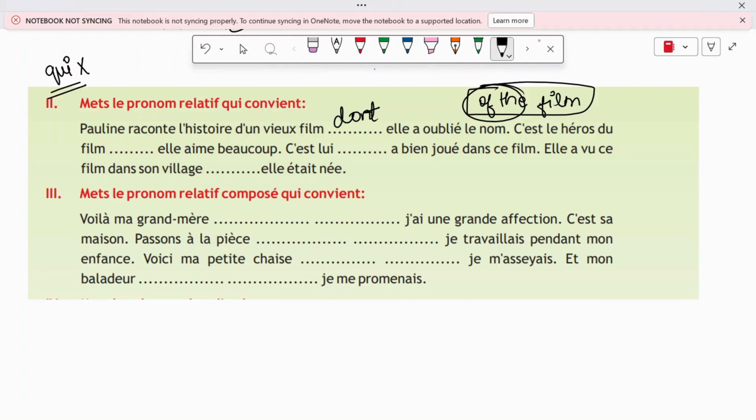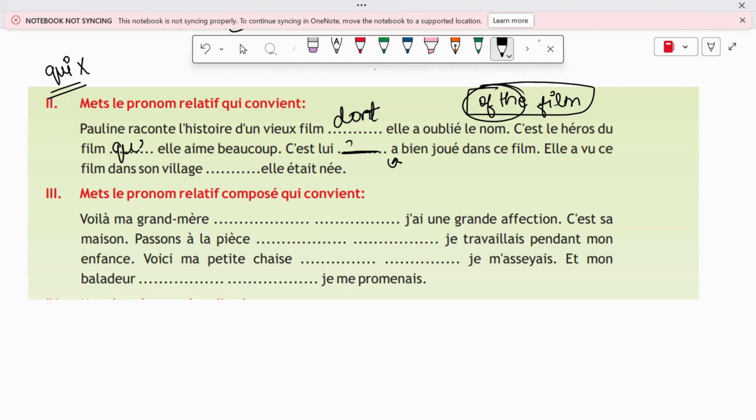Dash elle aime beaucoup. Now, since you have beaucoup here, beaucoup means a lot. So we are going to use que, Q-U-E. You're liking something a lot and you are replacing something at the place of the noun. So it will be Q-U apostrophe. So this is the hero of the film which she likes a lot.